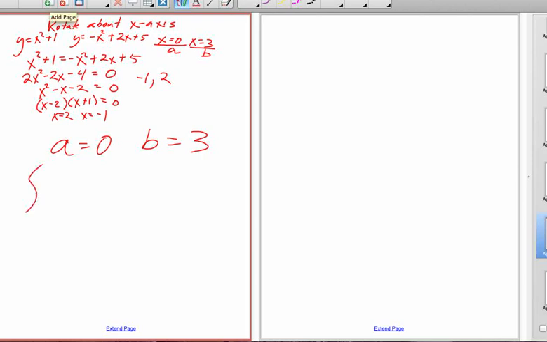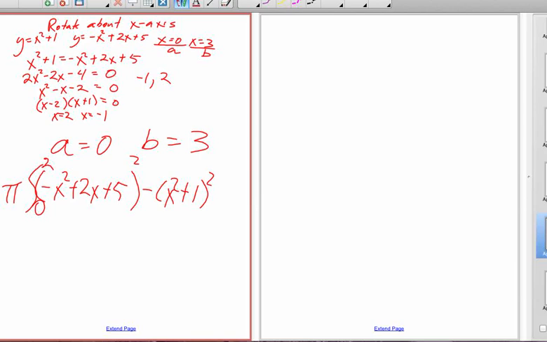I'm going to have an integral from 0 to 2, which is where my negative x squared plus 2x plus 5 is on top. And that's going to be squared minus the x squared plus 1 squared dx. So that's from 0 to 2. That's where this one was on top.